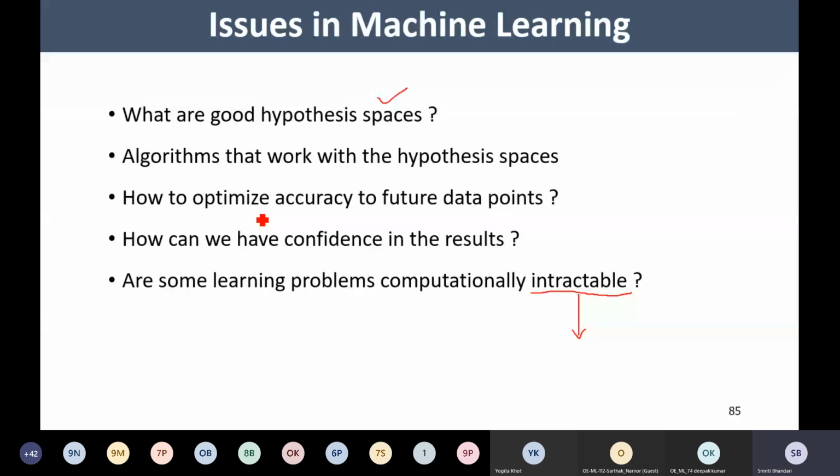As we mentioned in the previous slide, if I am selecting ANN, then there are various hyperparameters that I need to tune. I will tune those hyperparameters and come up with the best parameters, those providing me the maximum accuracy. Also, I have several algorithms that help me to optimize further so that they will give me better results. So these are the issues that we are going to focus upon.